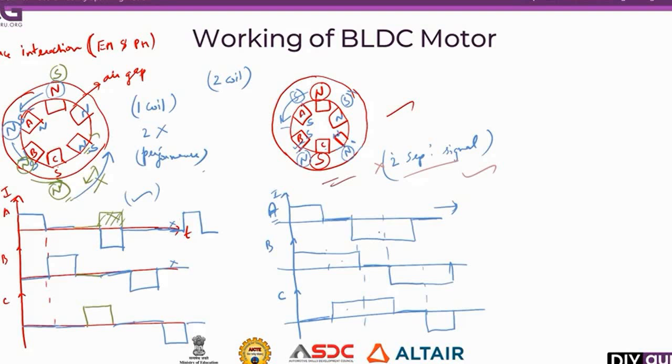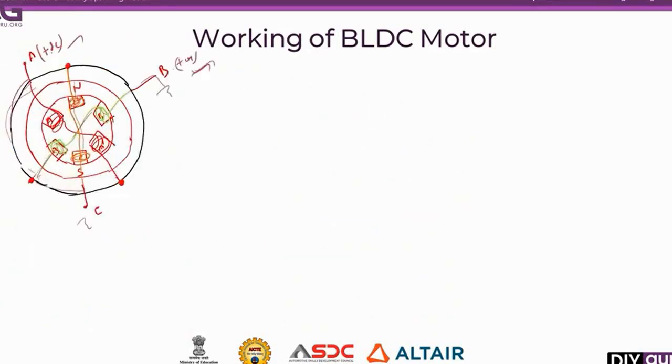The waveform is going to be the same, but we are going to give only one signal to each winding. Then see, the major part here is this. If I increase the number of coils, there will be a smooth operation, and you will be having a continuous torque throughout the operation of the motor.